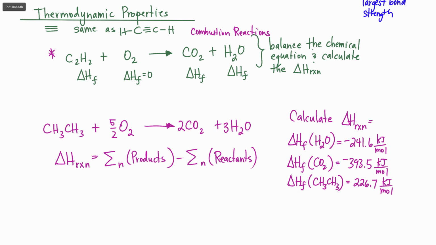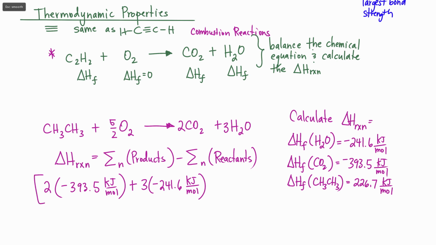Okay, so what we want to do is we want to take the reactants. We have 2 CO2s. We want to take that value of a negative 393.5 kilojoules per mole. I want to add that 3 moles for the heat of formation of water, minus 241.6 kilojoules per mole.